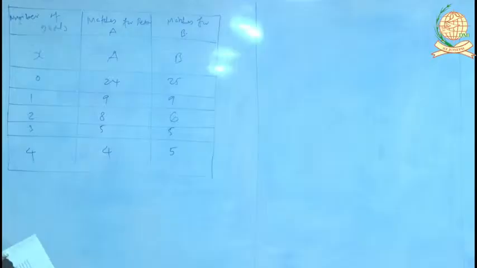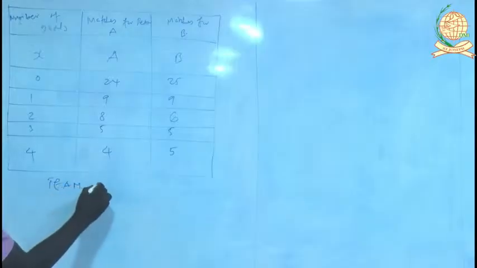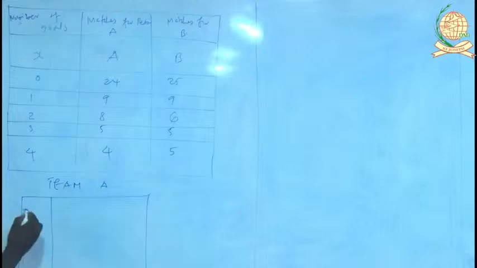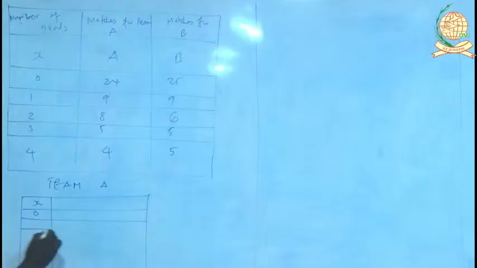So what we're going to do here is find the standard deviation for team A. You have to construct a small table. We have to know the value of X, the output, the goals. We will name X as 0, 1, 2, 3, and lastly 4.